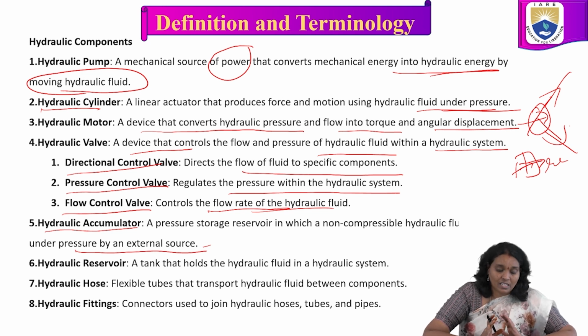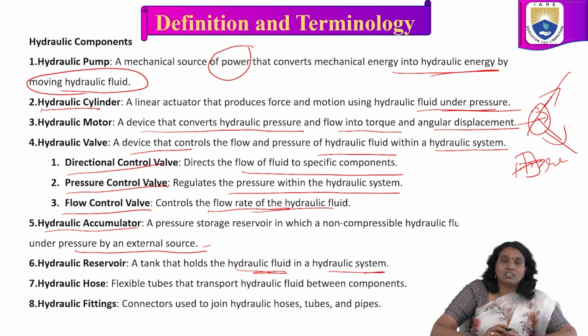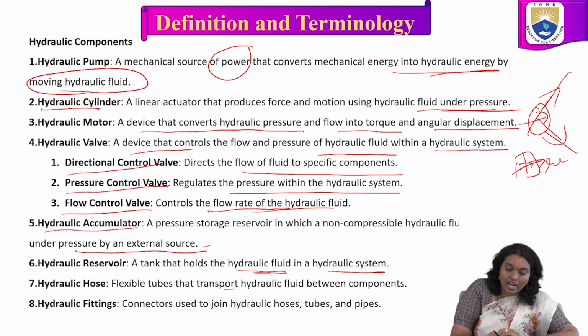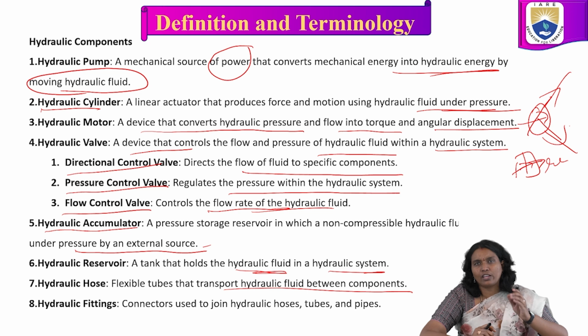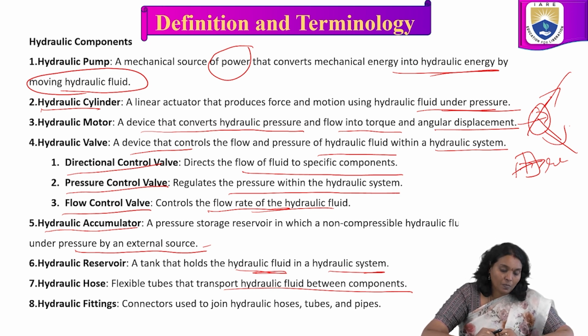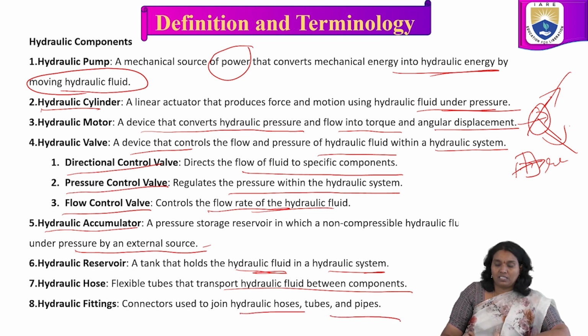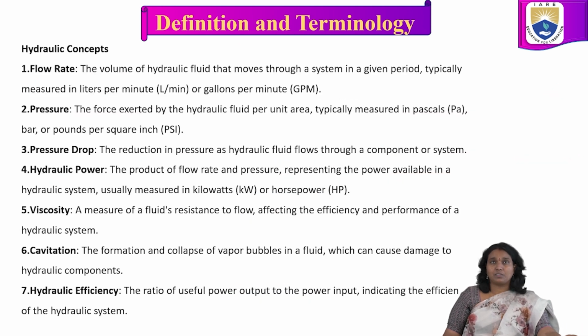Hydraulic reservoir is nothing but a tank that holds hydraulic fluid in a hydraulic system. Hydraulic hose, flexible tubes that transport hydraulic fluid between the components. Hydraulic fittings, connectors used to join hydraulic hose, tubes and pumps. These are the various components, definitions and terminology which we use regularly in our hydraulic systems.